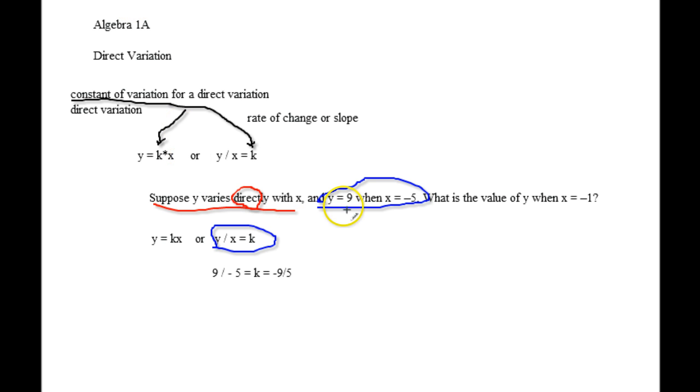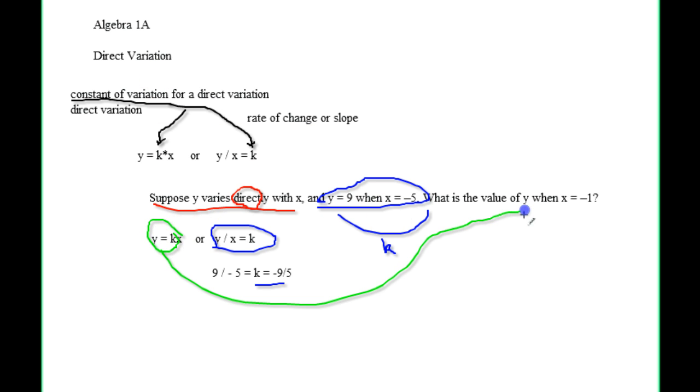Now here's the cool thing: the y and x in the beginning help you find k. And once you have k, the rest of the problem is easy, because now you can use this formula to find the value of y when x is negative 1.